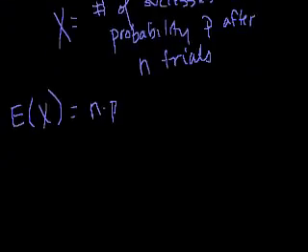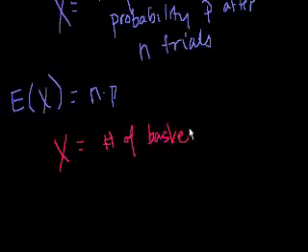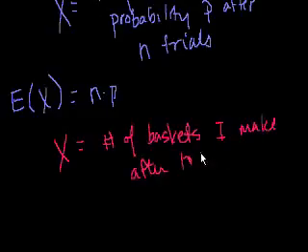So if I said that x is equal to the number of baskets I make, where I'm talking about basketball, not basket weaving, the number of baskets I make after 10 shots, where the probability of me making any one shot is, I don't know, 40%.